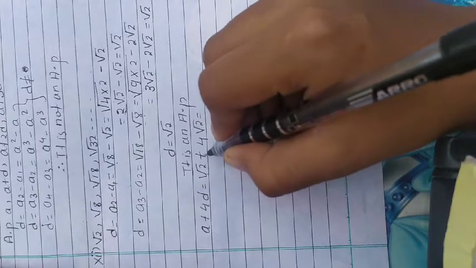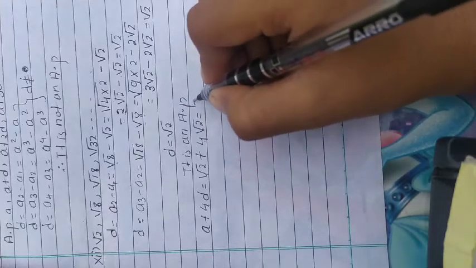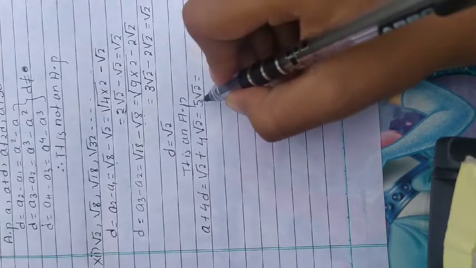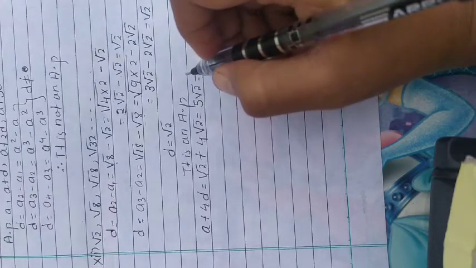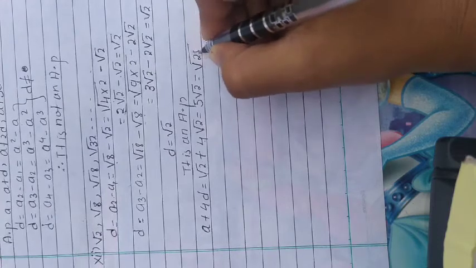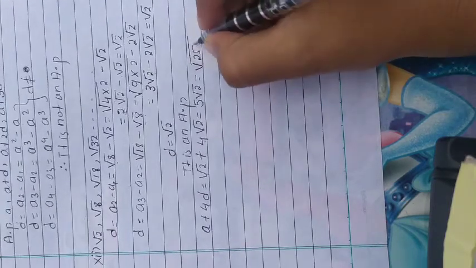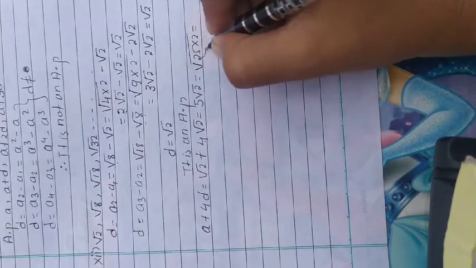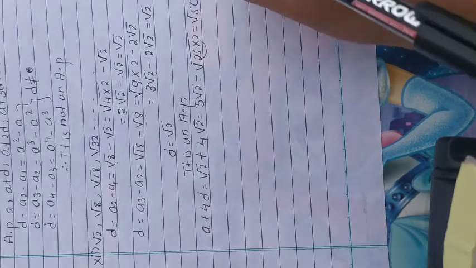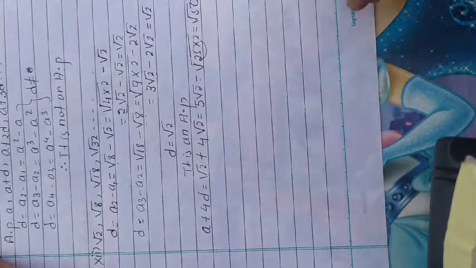Here root 2 plus 4 root 2 will be 5 root 2. Then 5 can be written as root 25, into 2, we get root 50. Root 50 is the 5th term, right?